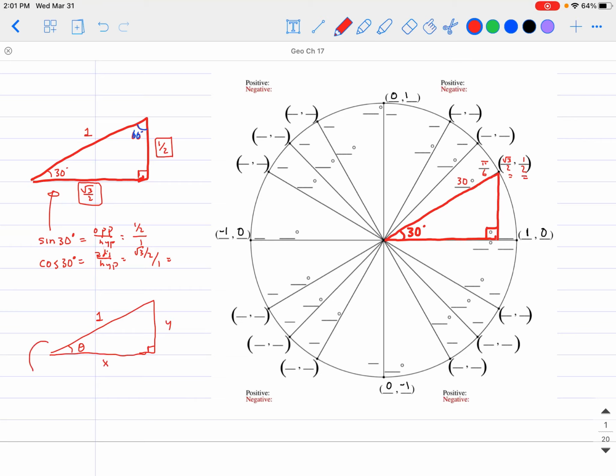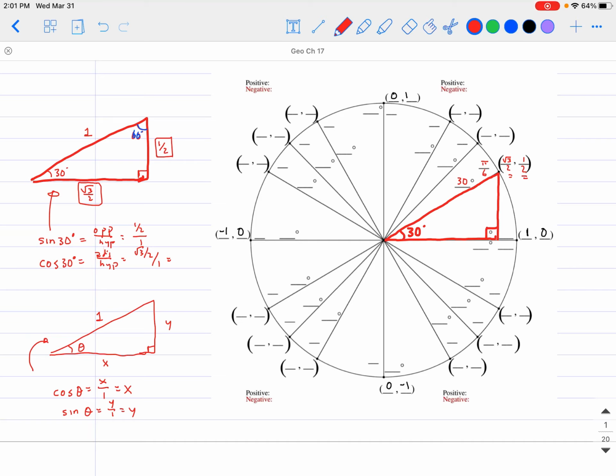According to the arbitrary triangle we have, cosine of the angle theta is x over 1, so that's equal to x. Whereas the sine of the central angle is y over 1, so that's y. Okay, so there it is. All right, now we can move into the other triangle that is next to it.